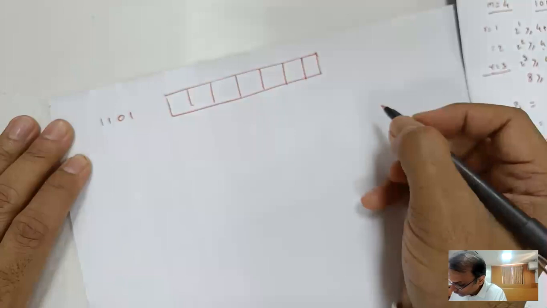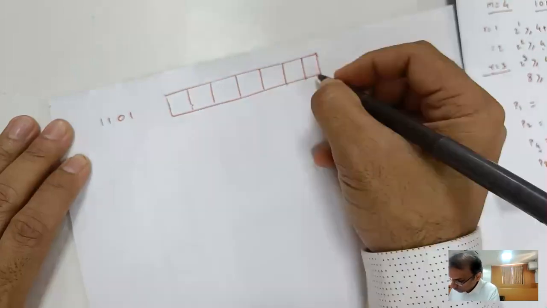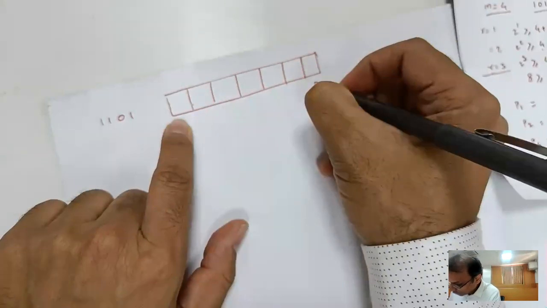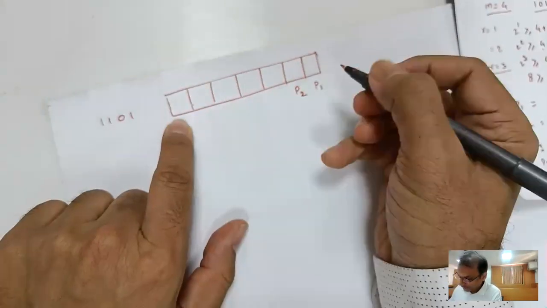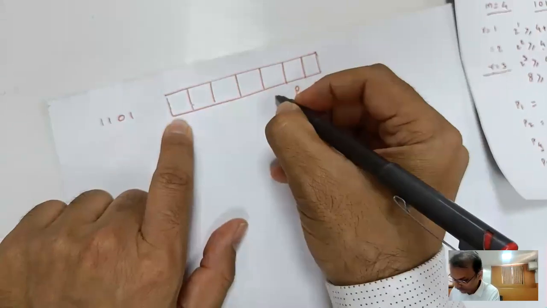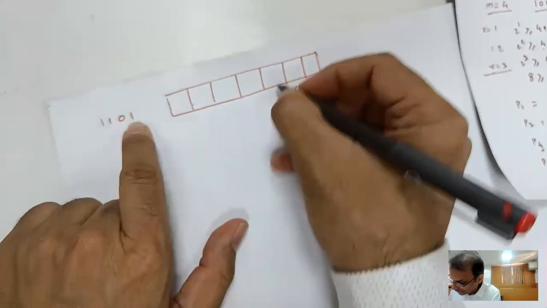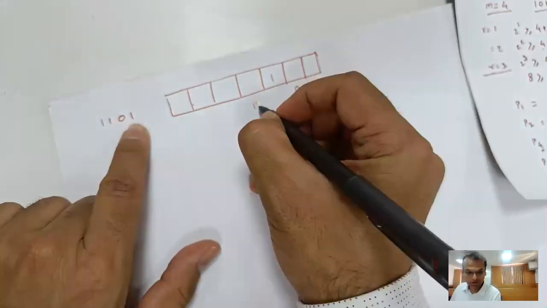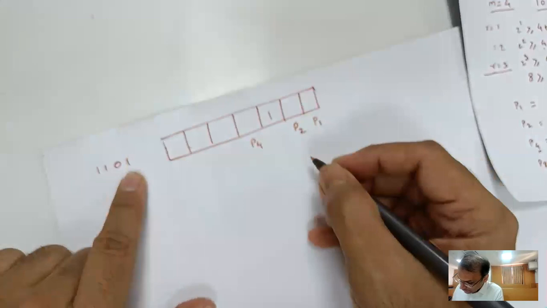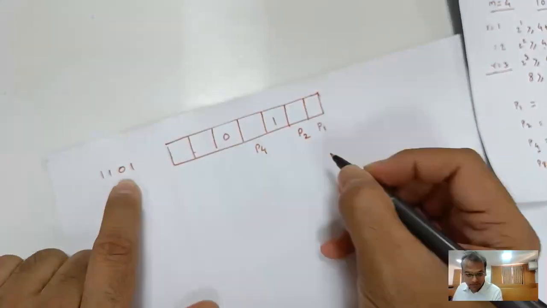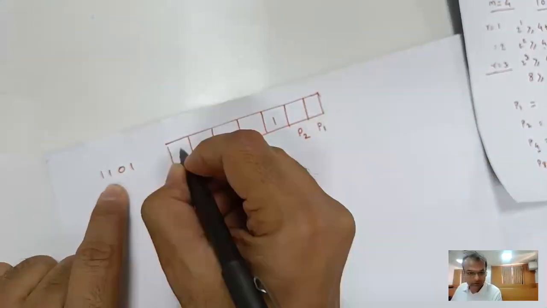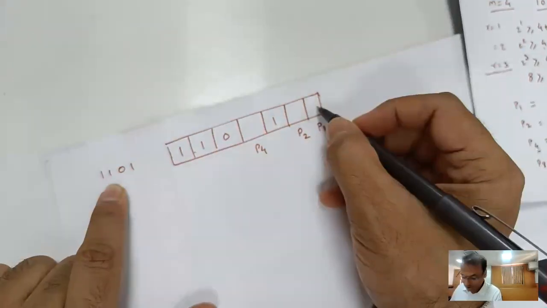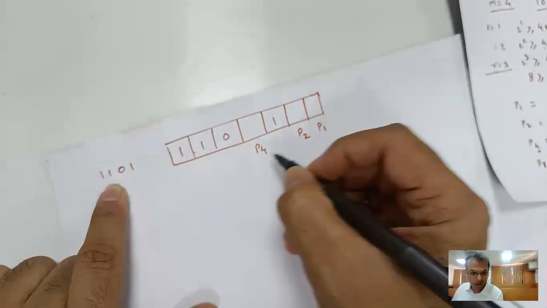Out of which P1 has to be found out. P2 has to be found out. This is the data bit, so we are putting this as 1. Then P4 has to be found out. This is the next data bit. This is the next data bit. Now these values have to be found out. P1, P2, P4. Any doubt here?